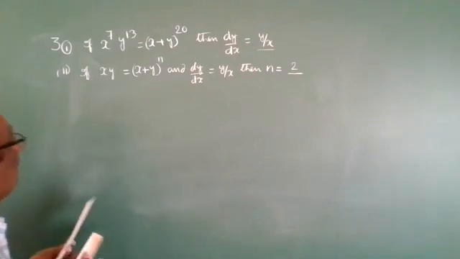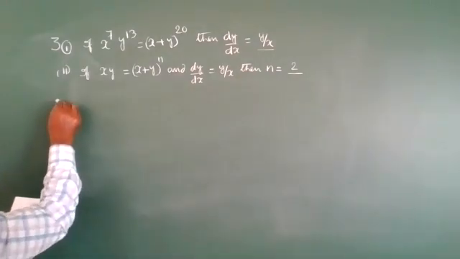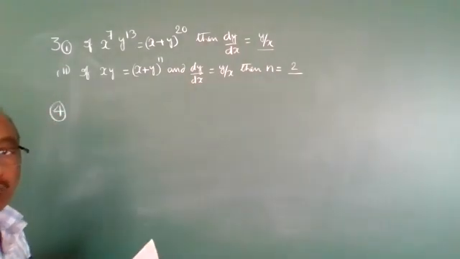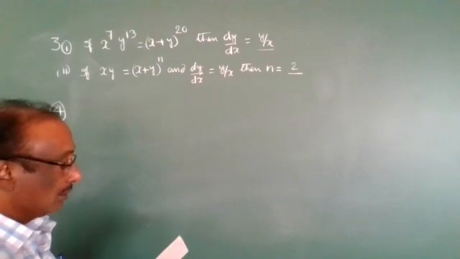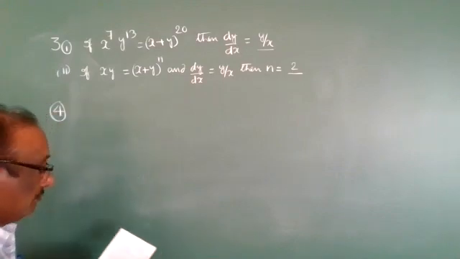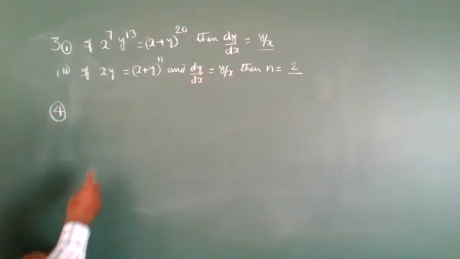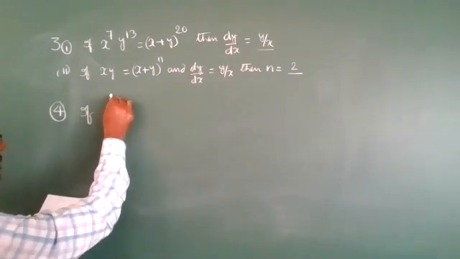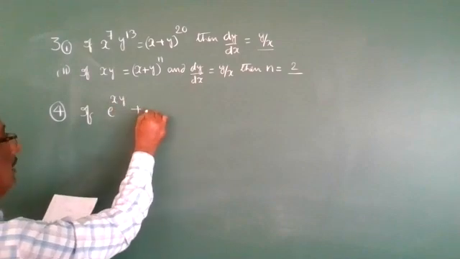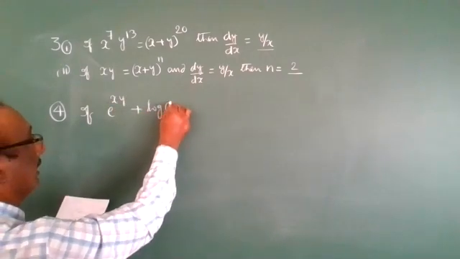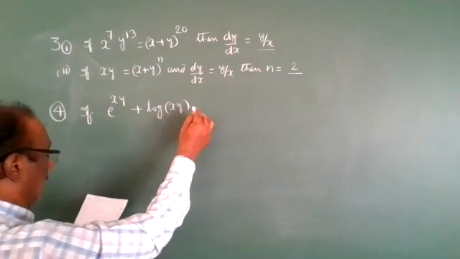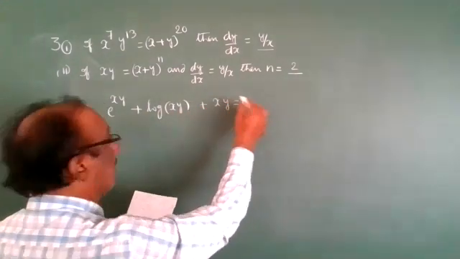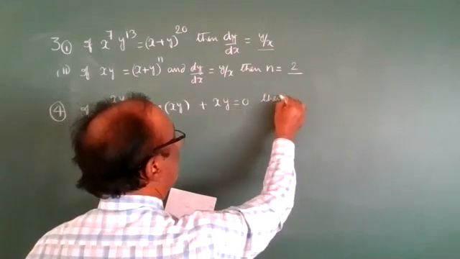Right. Everyone write down the fourth problem. For the third problem, I will write the two bits also. I go through the fourth problem. If e to the power of xy plus log of xy plus xy is equal to 0, then dy by dx is.